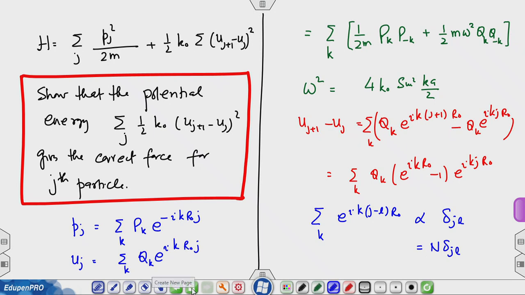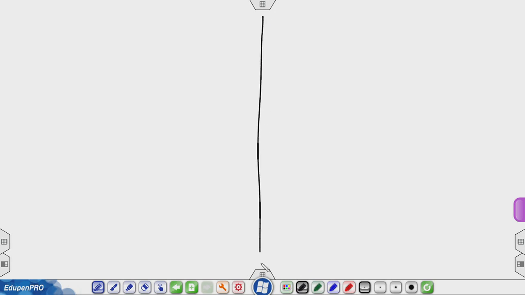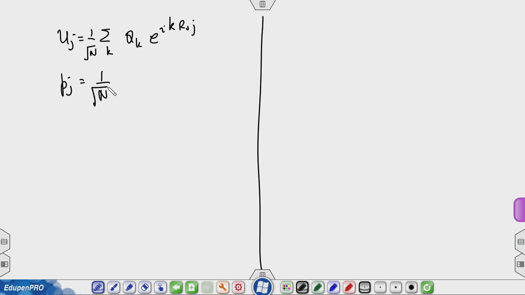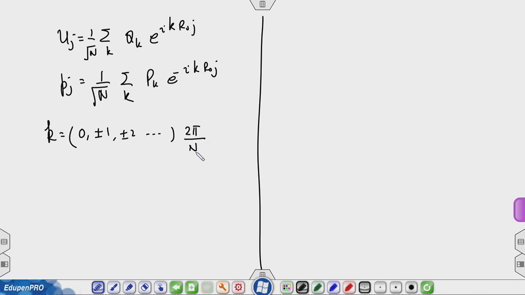So, what you have managed to do now through all these definitions, where we wrote u_j equals summation over k of 1 over root n q_k e^{ik r_0 j}, and p_j equals 1 over root n summation over k of p_k e^{-ik r_0 j}, where k is equal to 0, plus minus 1, plus minus 2 and so on, times 2 pi over n, and the sum is over the Brillouin zone.